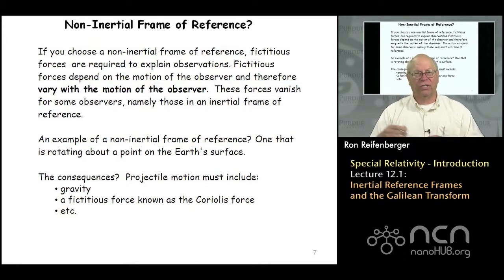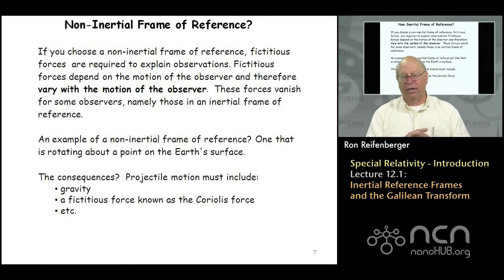There's an additional acceleration that attracts objects in toward the center of the motion, and that additional acceleration renders that reference frame non-inertial.